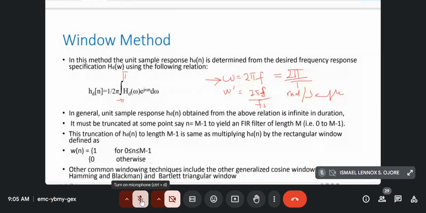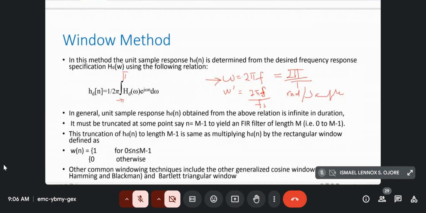Because remember, you're creating a filter for some analog signal. If we are creating a filter for voice, which goes up to 4 kilohertz, then you're sampling at 8 kilohertz. So when you're building a filter, you have to consider that.